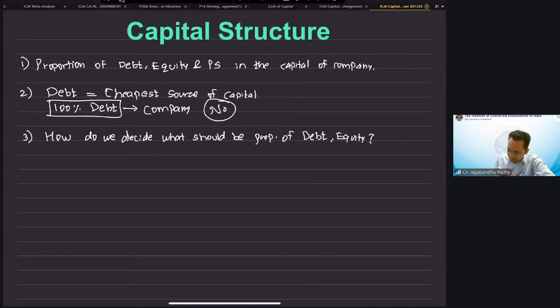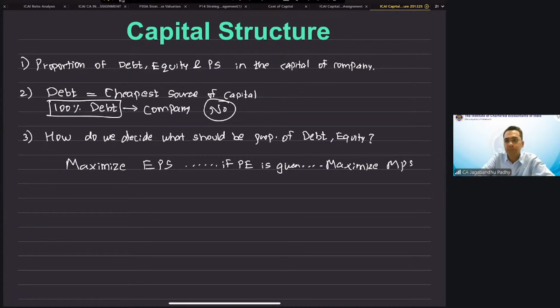So the rule is, you will choose that proportion which is going to maximize earnings per share. And if the price to earning ratio is given, then we look at where we maximize MPS. This is how we take a decision on how to choose a particular financing plan.